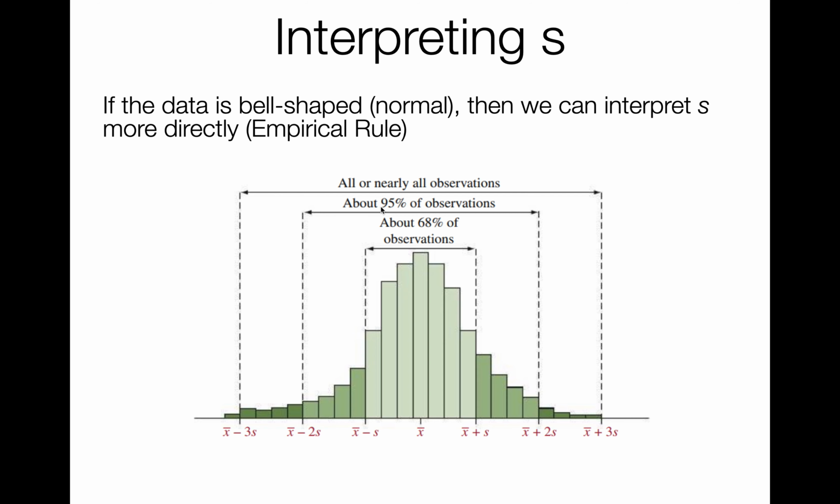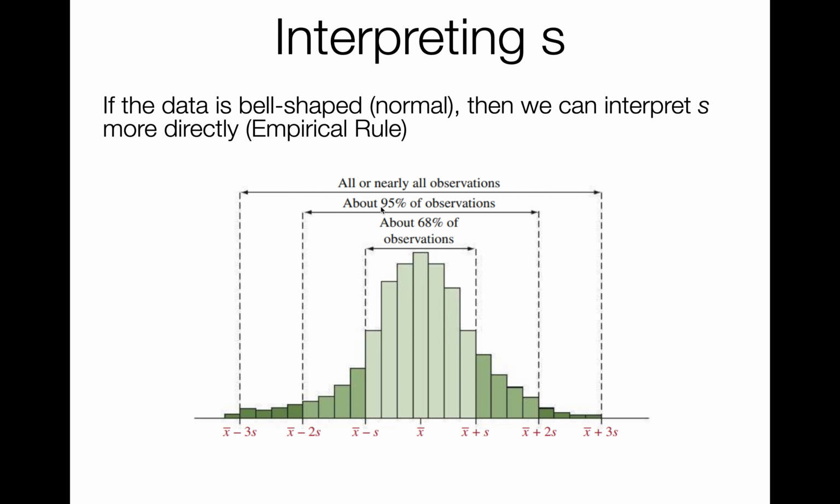Well, if I said that the distribution of IQ scores out there, so everyone has an IQ theoretically, although not everyone has been tested, and they say that the mean IQ is 100 and the standard deviation of IQs is 16.